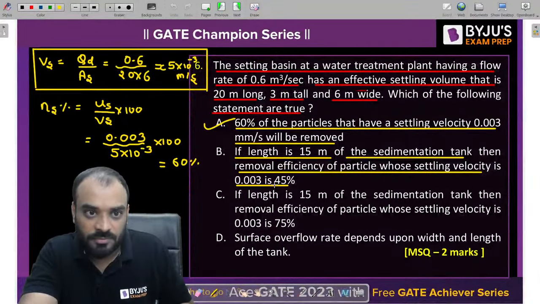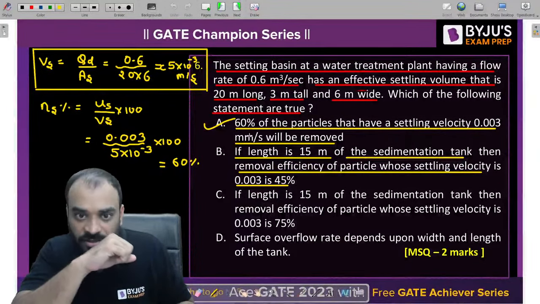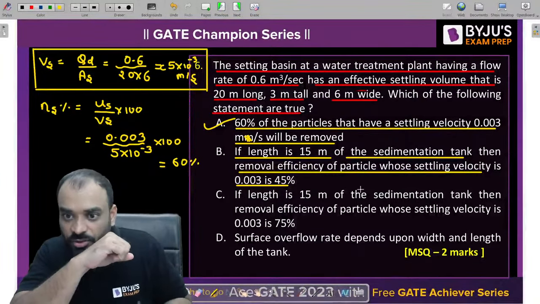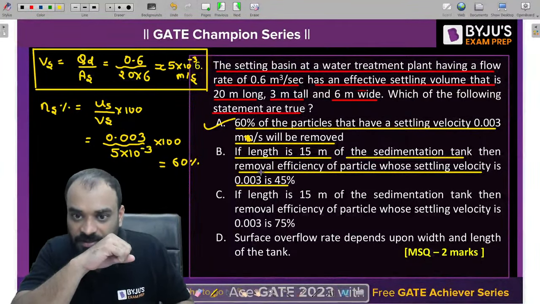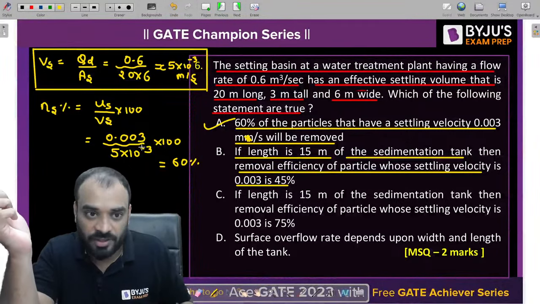Okay. Guys, wait a minute. I think there is one mistake in the dimension, right? This dimension you need to write as meter per second, not mm per second, right? If you write mm per second, then the solution will be a different one, because the value which we are getting is in meter per second.